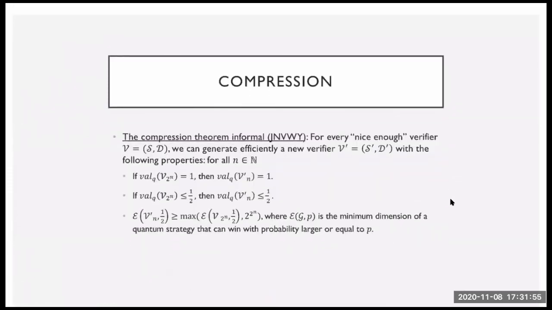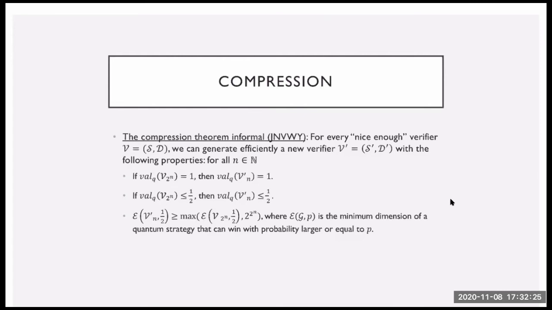It says the following: given a nice enough verifier, so given such a pair of Turing machines that satisfy some natural assumptions, okay? So the sampler behaves in some specific way, and actually the decider doesn't have many restrictions on it. We can generate efficiently a new verifier.